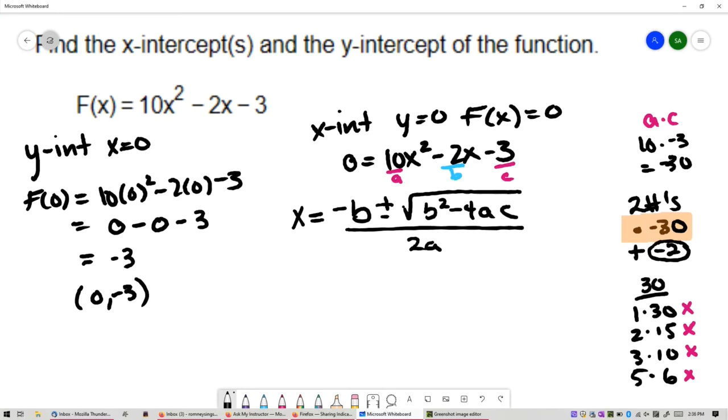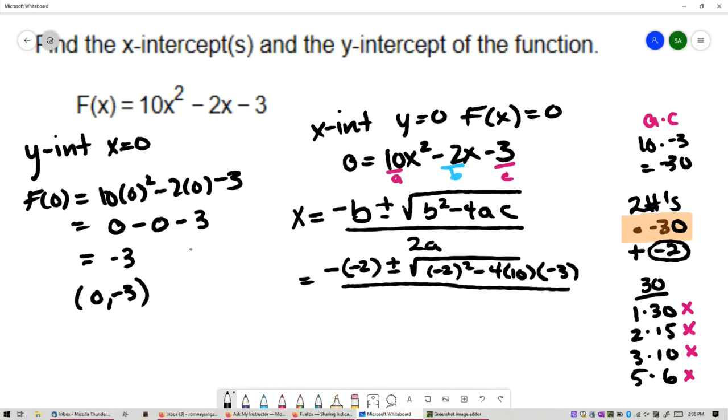And I'm going to substitute a, b, and c into this quadratic formula, and that would give negative negative 2 plus or minus the square root of negative 2 squared minus 4 times 10 times negative 3, all over 2 times 10.